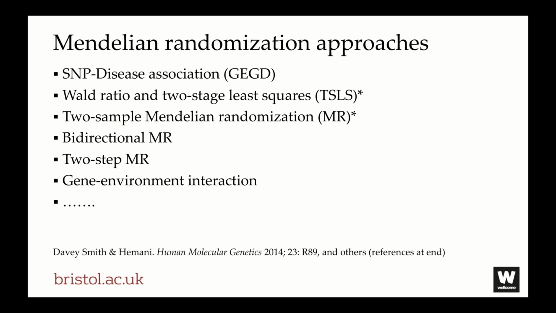You look at the relationship between your exposure and a mediator, and then look at the relationship between your mediator and your outcome. So you're testing whether there could be a causal pathway between your exposure and your outcome through a third variable. That was originally proposed using methylation data with George and Caroline Relton at the University of Bristol.